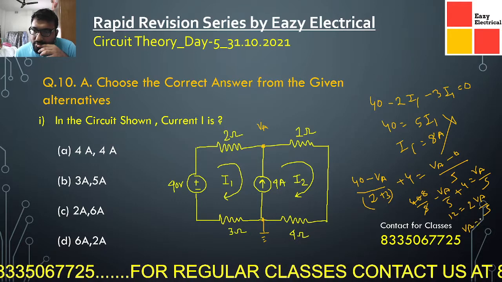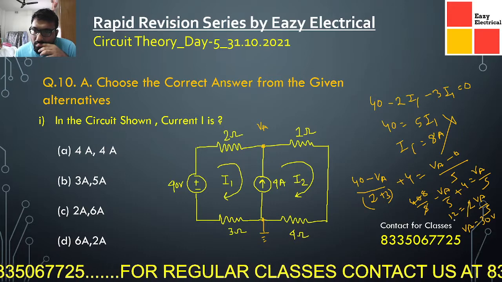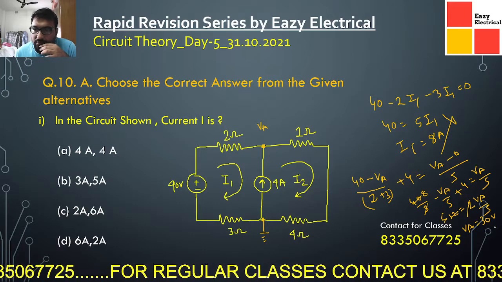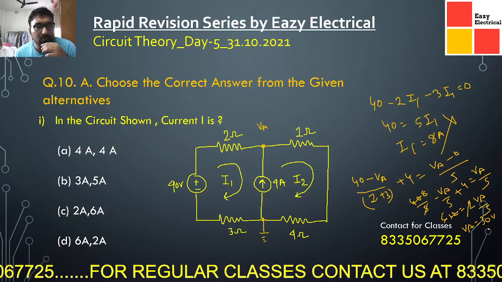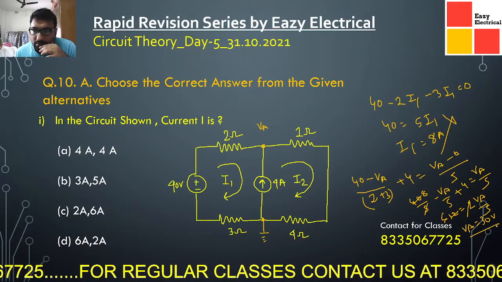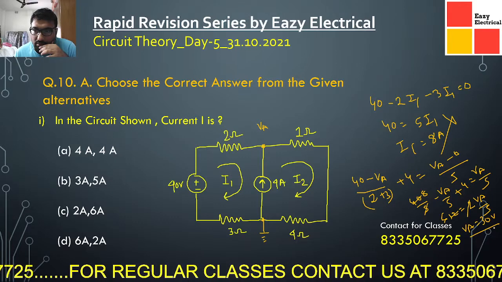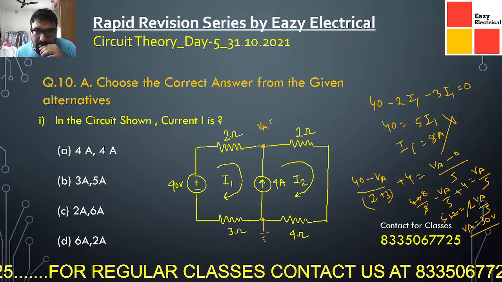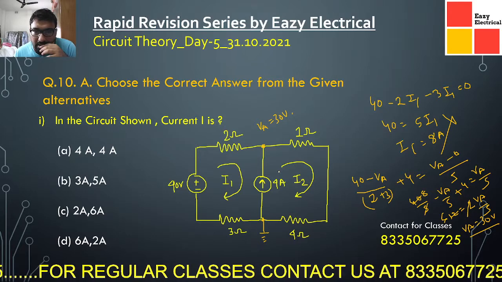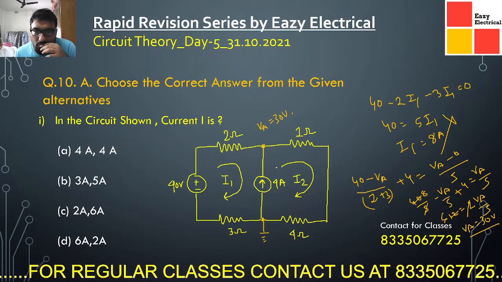So VA comes out to be 30 volts. 6 into 5, 30 volts.